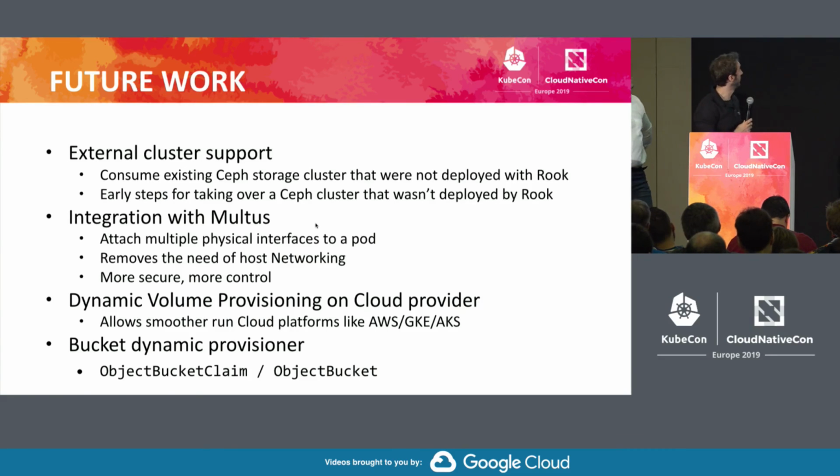Last but not least, bucket dynamic provisioning is one of the most desired features, and it's something that we're actively pushing into the Kubernetes community. It's really equivalent to what we do currently with volumes, but at the object layer. At the moment, you can only request the gateway, but the users don't care about the gateway. What they care about is the bucket and the credentials.